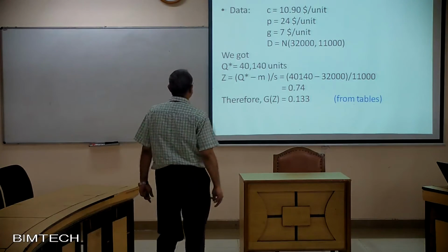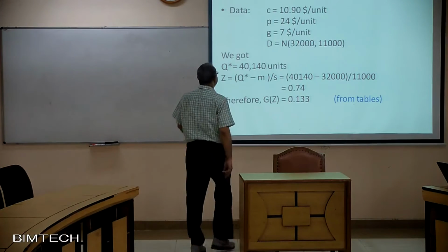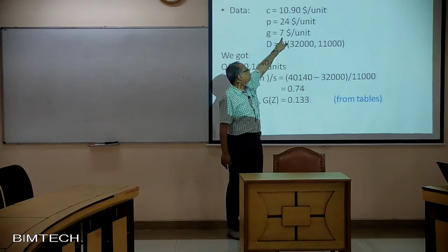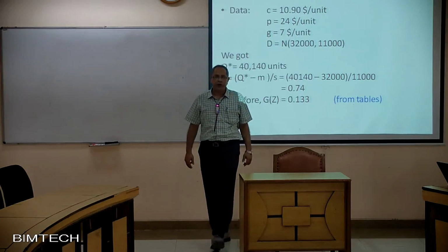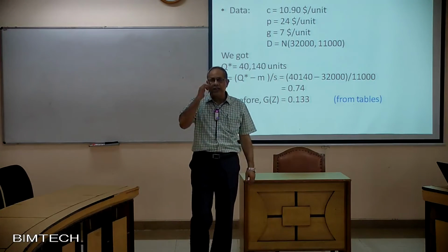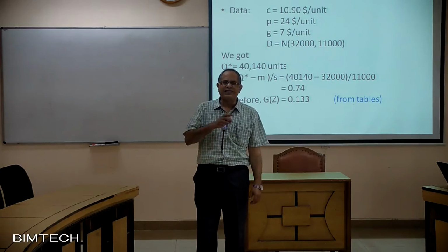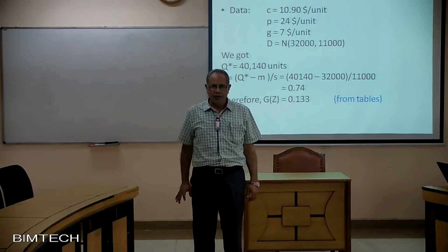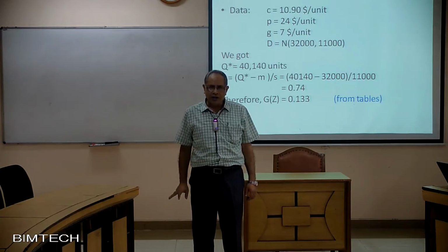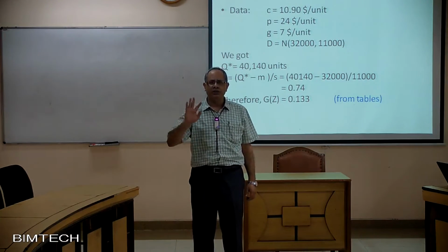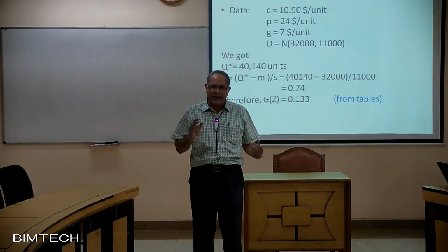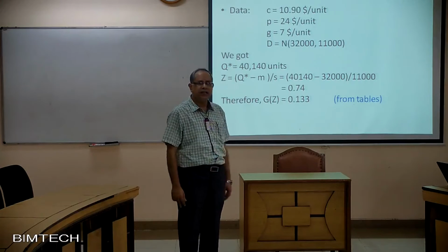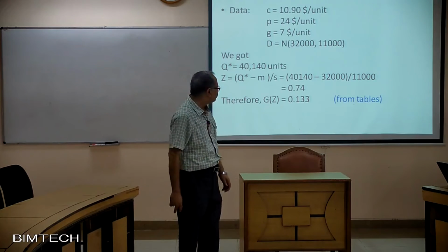If you remember, we were given a salvage value in the second part of this problem, and that was $7 per unit. This only means that any leftover unit, we are not scrapping it completely. We may be able to sell it off to somebody at a much, much less price than the selling price. And in this case, that price is $7 per unit.